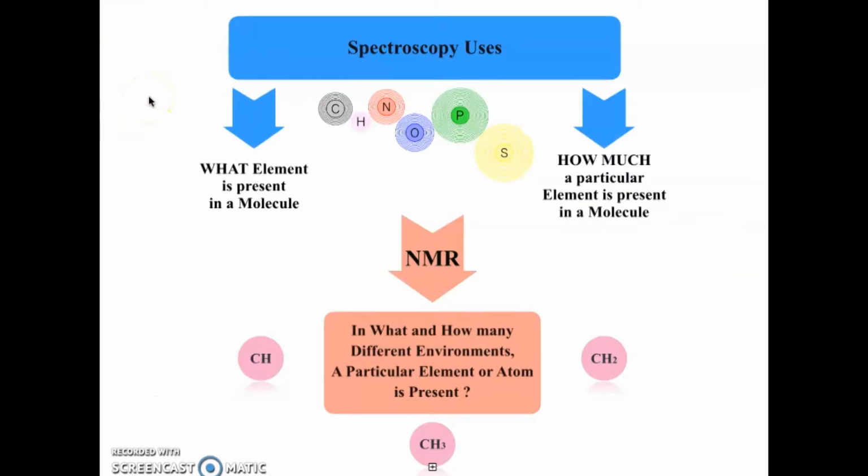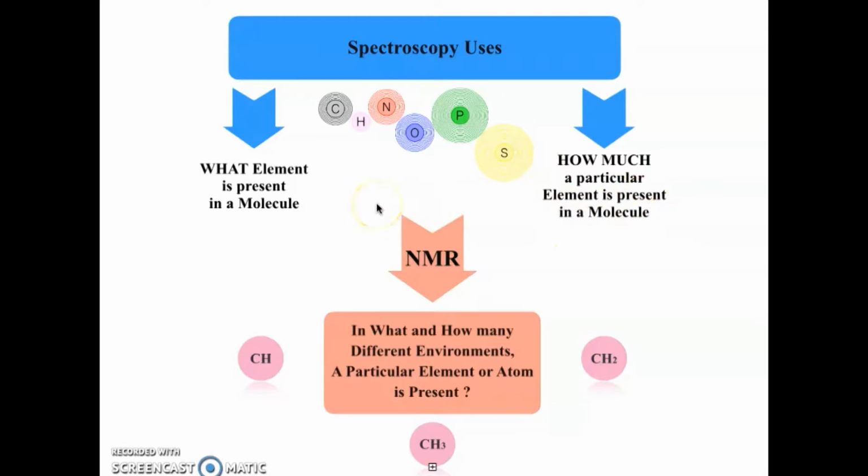The whole spectroscopy has two uses mainly. One, we can detect what elements are present in a molecule, for example, whether carbon, hydrogen, nitrogen or oxygen is present. And if present, then how much of the particular element is present in that molecule.